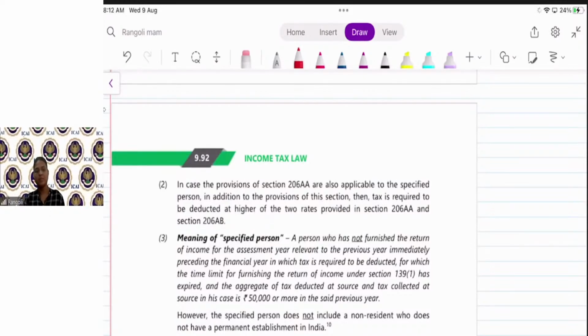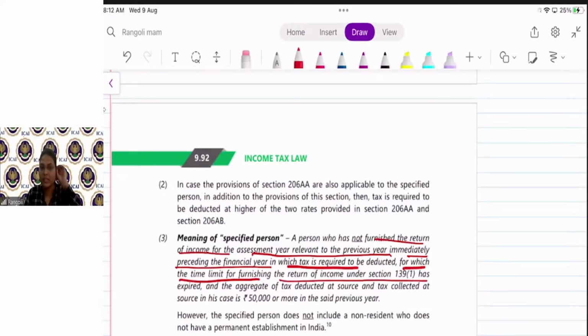Specified person means a person who has not furnished the return of income for the assessment year relevant to the previous year immediately preceding the financial year in which tax is required to be deducted, for which the time limit for furnishing return of income under section 139(1) has expired, and the aggregate of tax deducted at source and tax collected at source in his case is 50,000 or more in the same previous year.